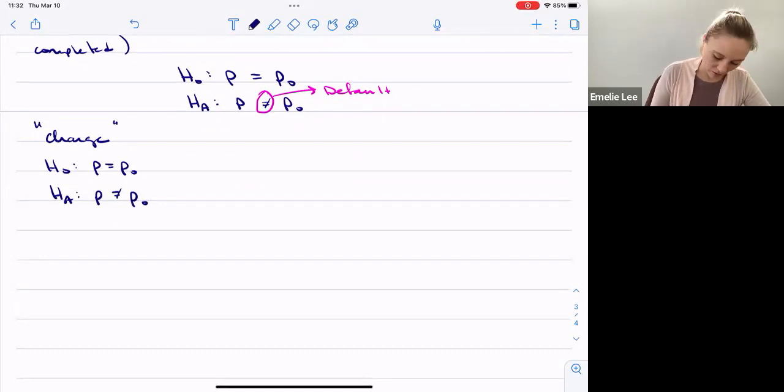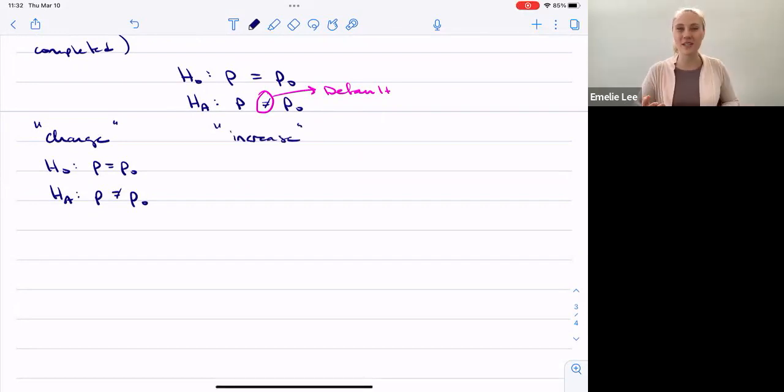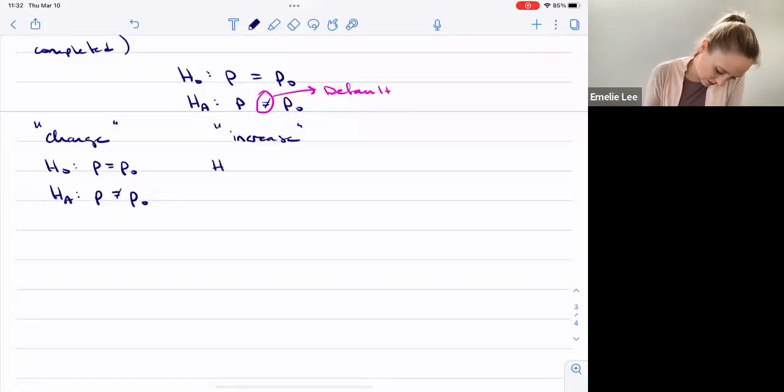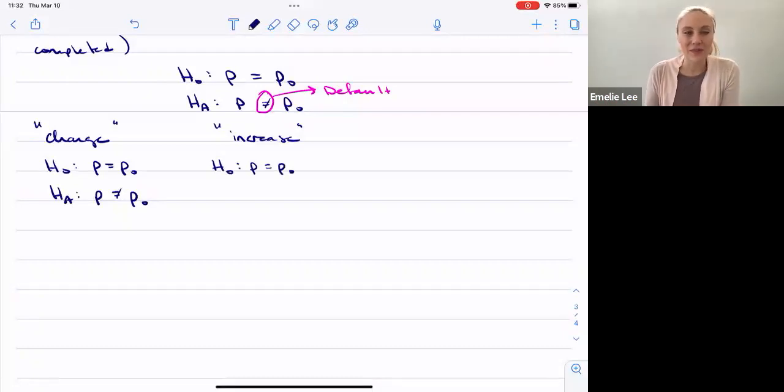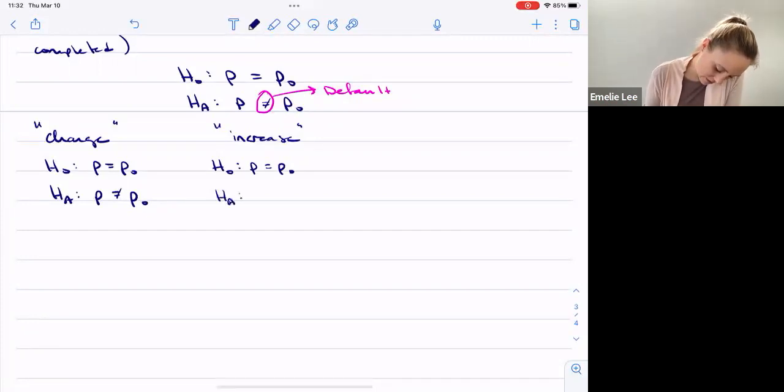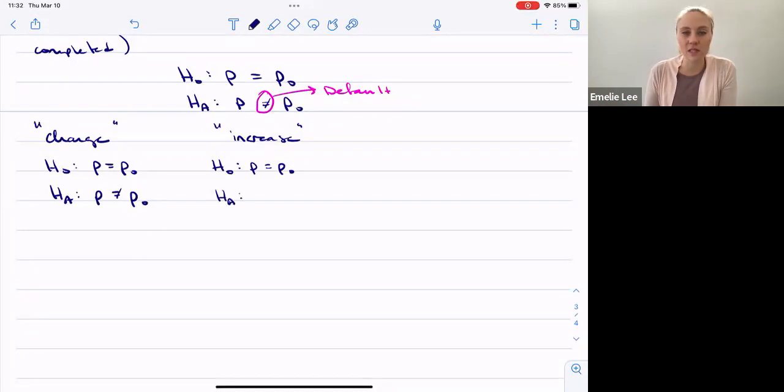Okay. Whereas if you want to know if there's been an increase or some synonym of that, right? So a greater than or an increase, then your null hypothesis is the same. P is equal to P naught. But then now, if you want to know if there's an increase, then your alternative hypothesis is that P is greater than P naught.